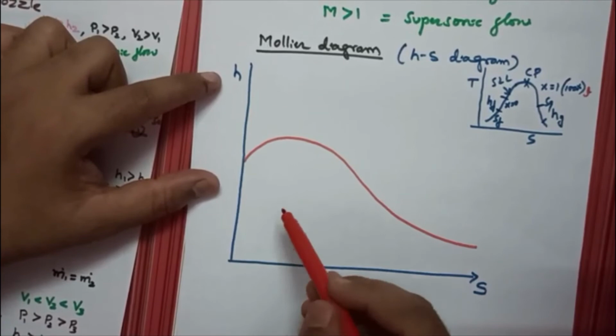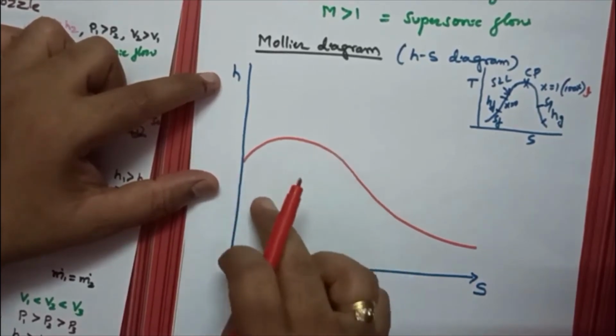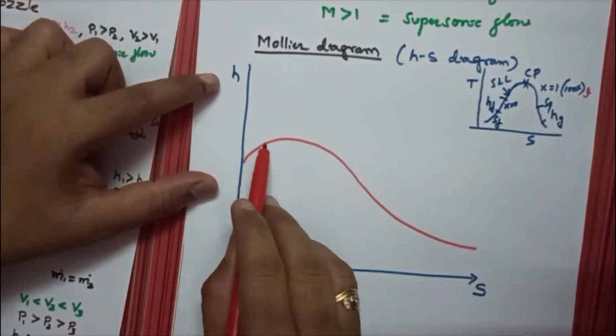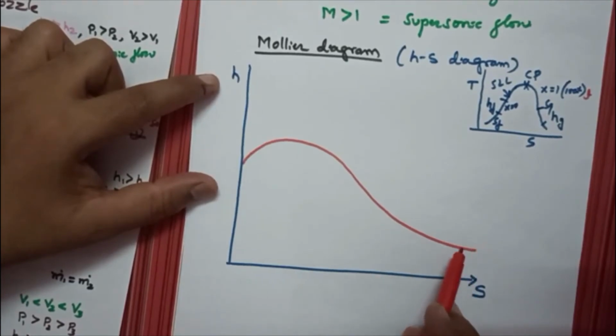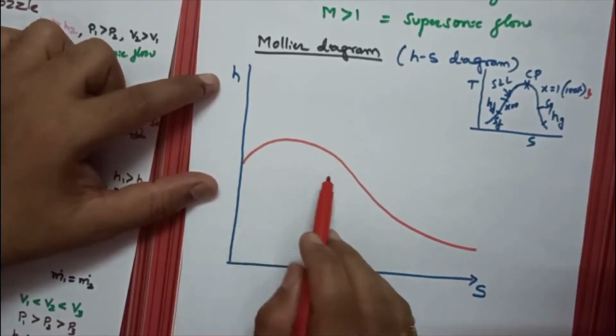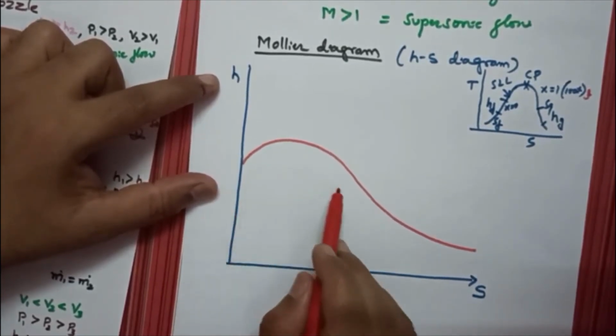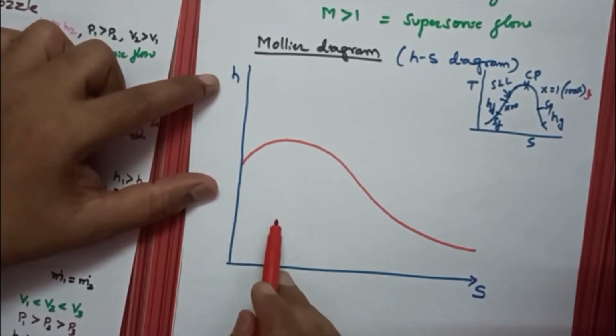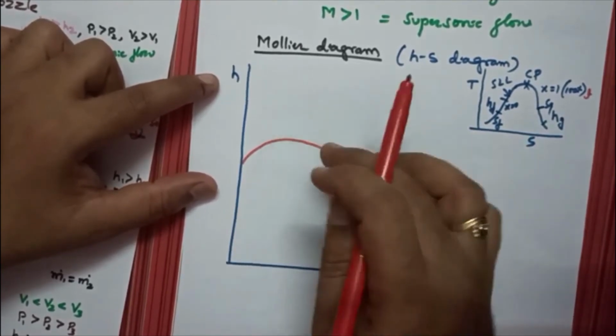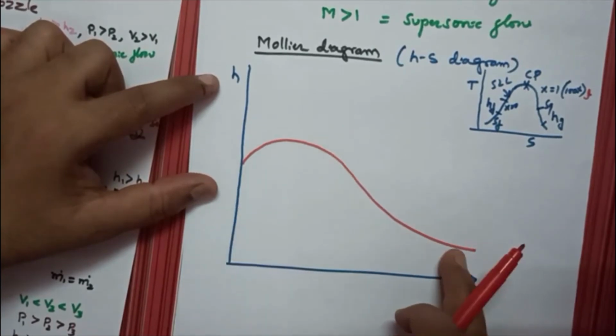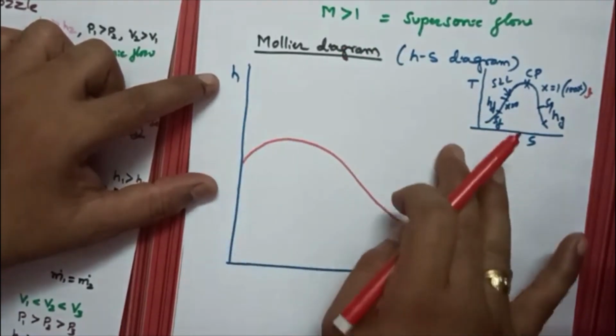The area below this dry saturated line is the wet region, and the area above this curve is our superheated region.